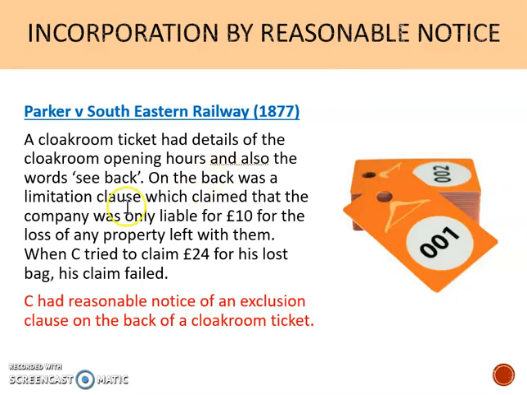And I think they were influenced in this case by the fact that the ticket said "see back" on it. So it was trying to draw his attention to that clause. And also the ticket was quite an important document because you had to keep hold of the ticket in order to claim your property back. So he'd had reasonable notice, so it had been incorporated.